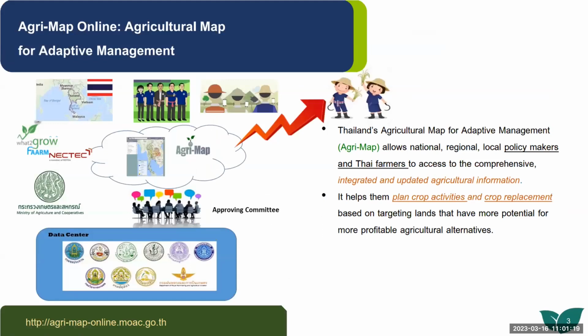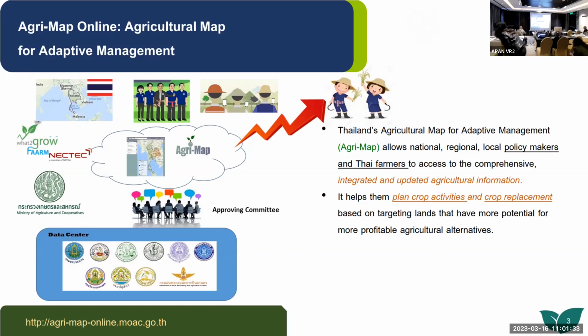In Thailand, we have something called AgriMap. The government uses this primarily for agricultural zoning, which means that they can suggest to farmers which crop to grow in which year and in which area, according to many inputs like marketing, supply, demand, and price.